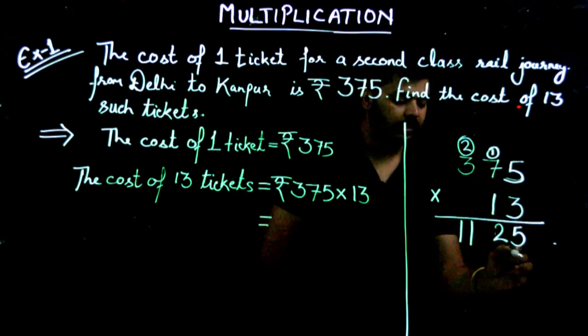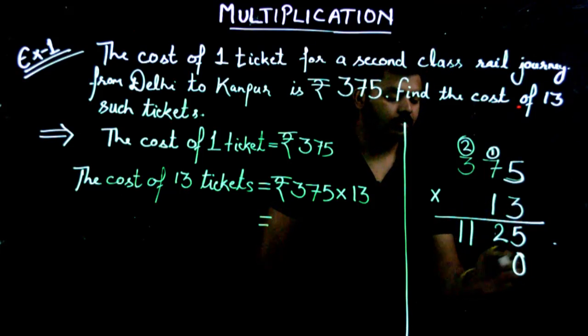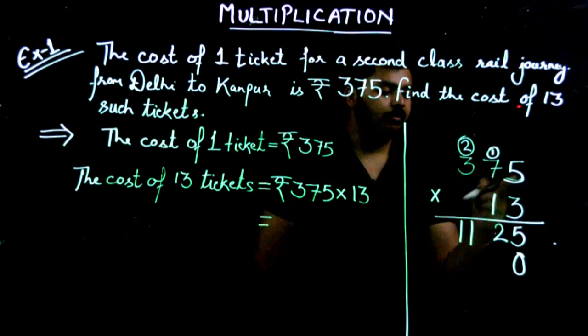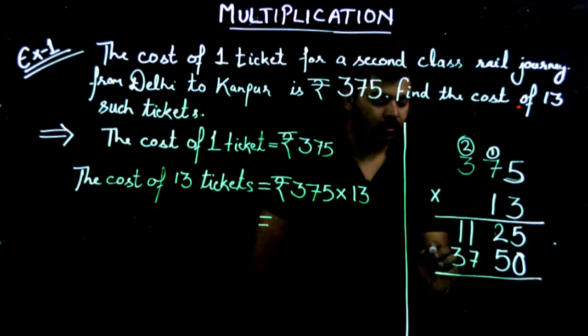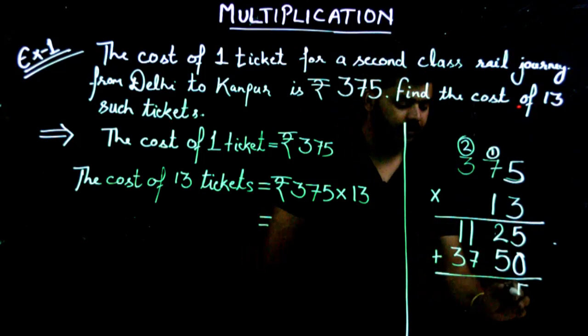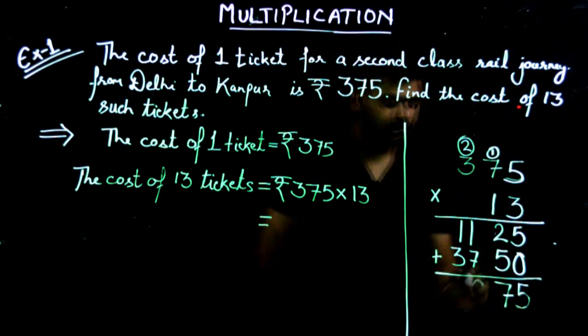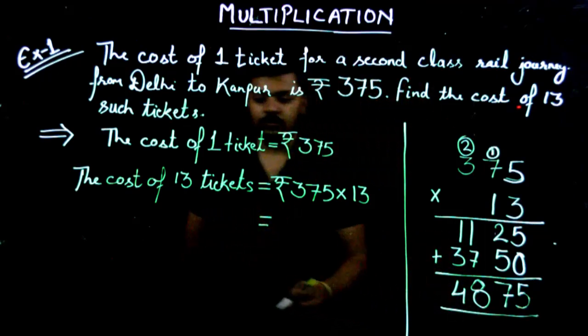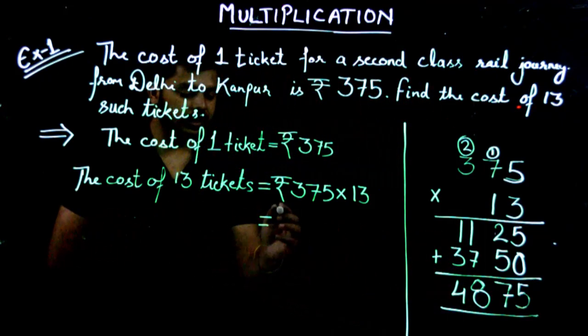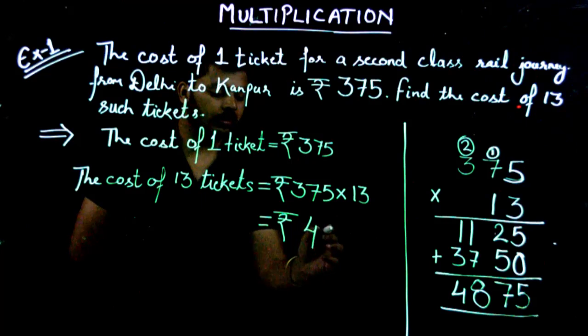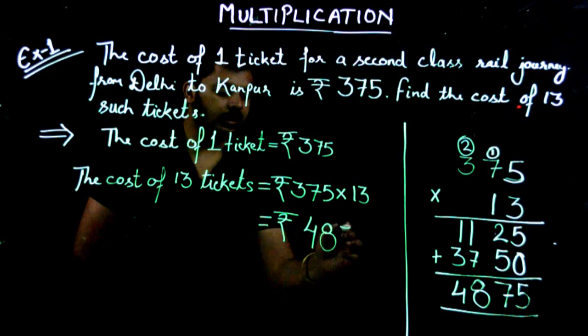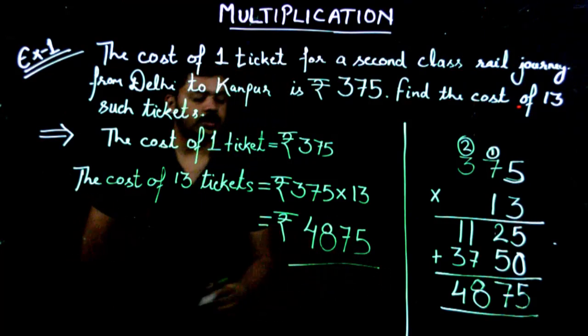So for 10, placing a 0 and then multiplying 1 by 5, 1 by 7, 1 by 3. Now adding both of them, we get 4, 8, 7, 5. So the cost of 13 tickets is rupee 4,875. So this is our answer.